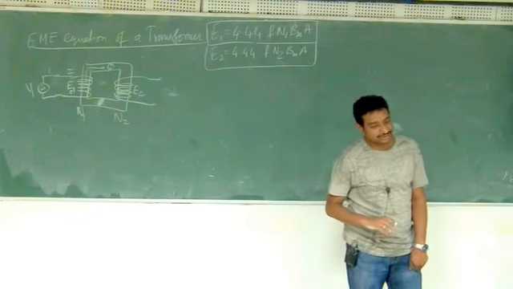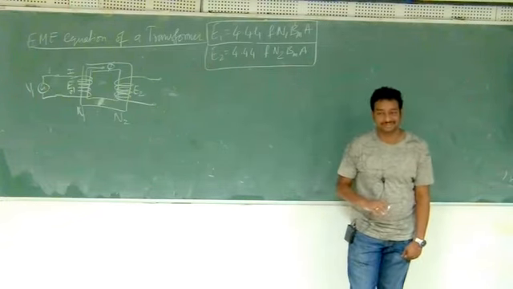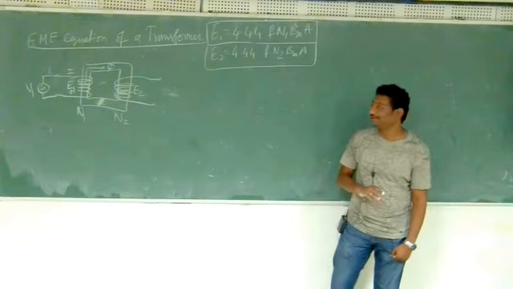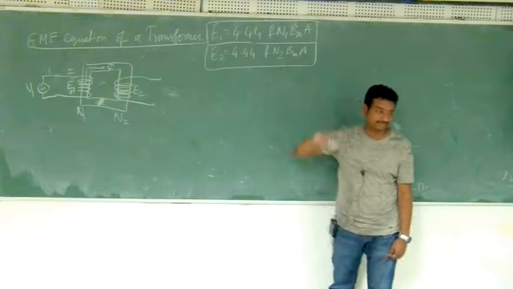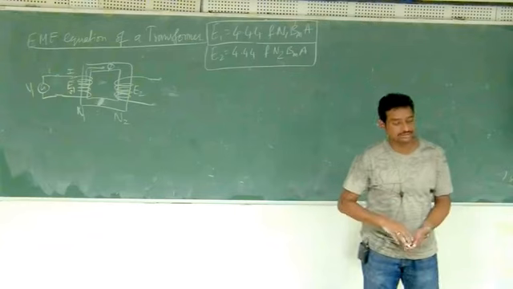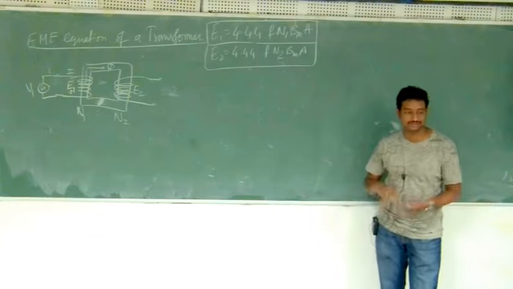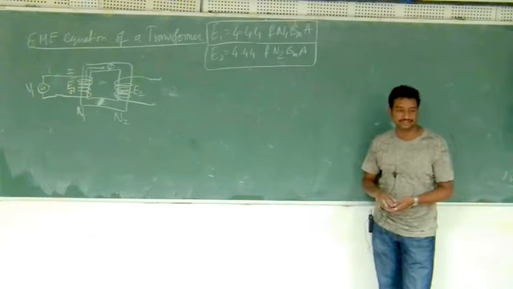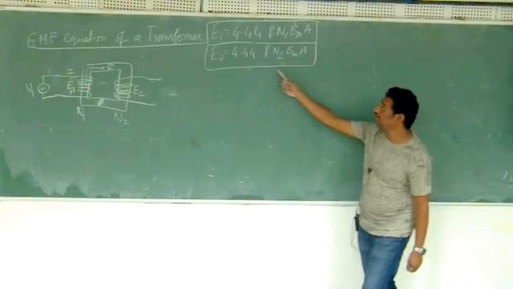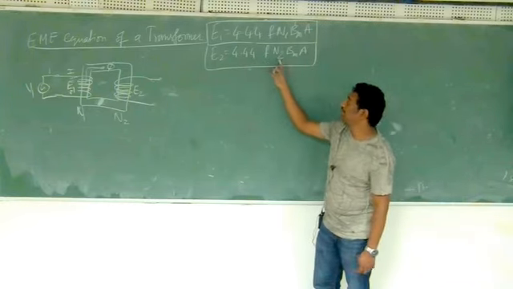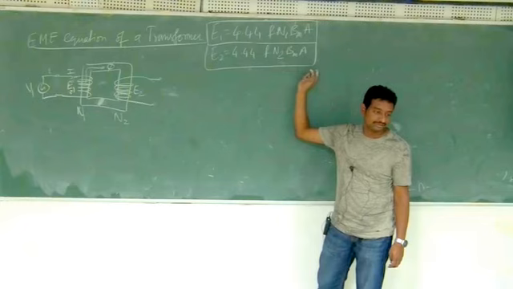There is some research where they are using high frequency transformers. Instead of 50 hertz, they use like 500 hertz or 5 kilohertz. If the frequency is very high, then they can induce the EMF with fewer turns and less area.